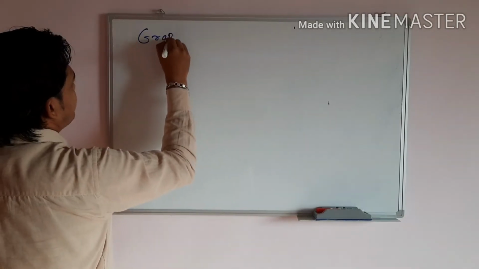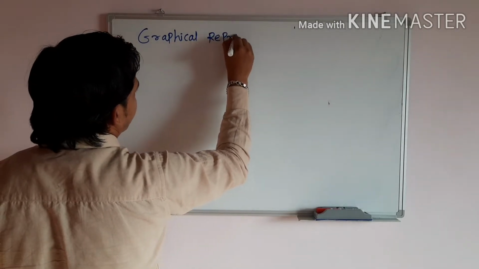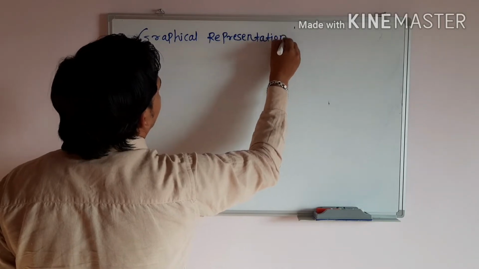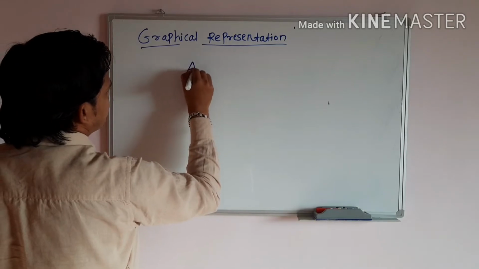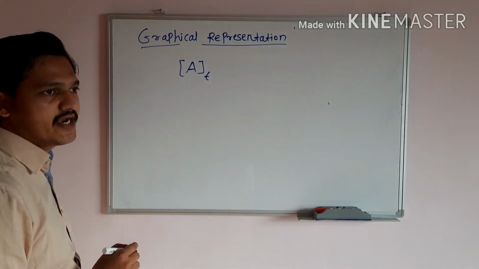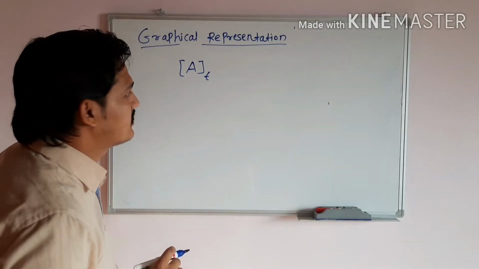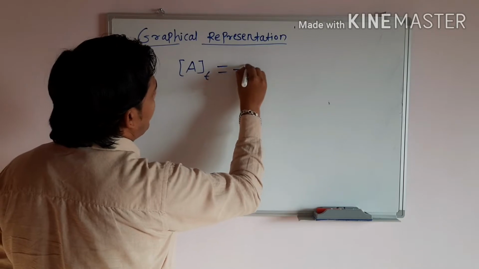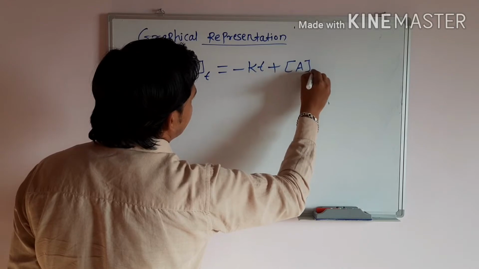We already know the formula for zero order reaction, At. As I told in the last video lecture, this formula is for graph purposes. So At is equal to minus Kt plus A0.